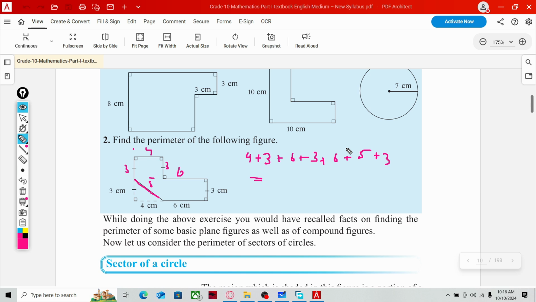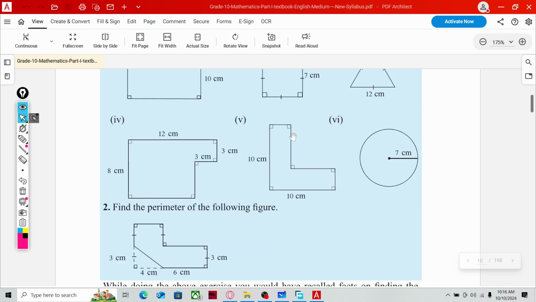The answer is 30. The answer is 30 centimeters. Right? Hope you all understood how we find perimeter.